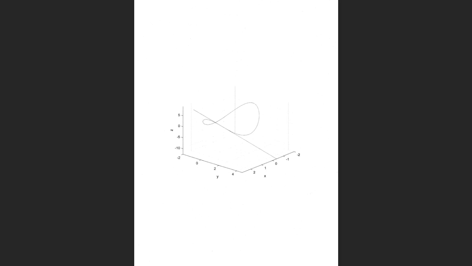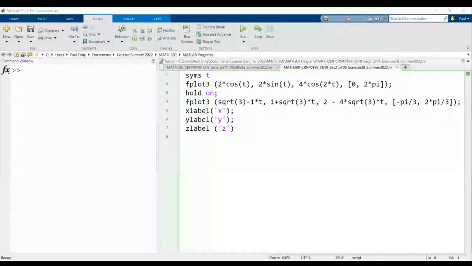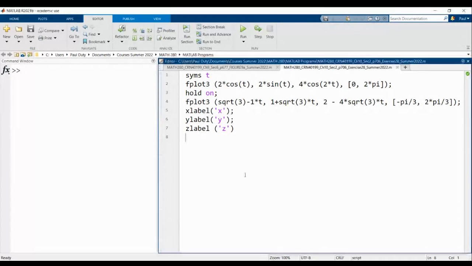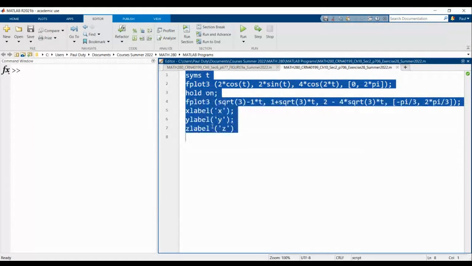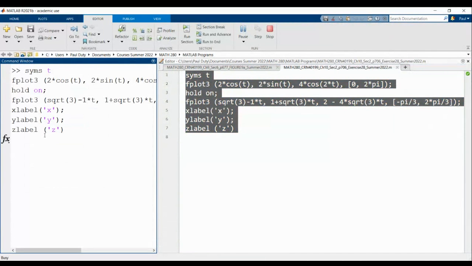Let me bring up MATLAB in my last minute or two here. So definitely that line is tangent to the space curve, no question about that. If we go into MATLAB, here's the code, and I'm going to copy the code and paste it in the command line and hit enter.